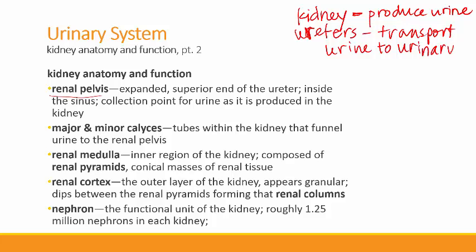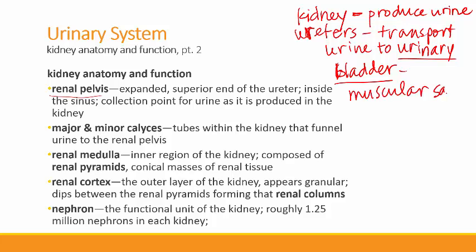And that is the official term for the urinary bladder. It's both of those words. So the urinary bladder, I'm not going to write that again, but you can see where I've already got that written in your notes for you. It's a muscular sac, and it's involved in temporary storage of urine.